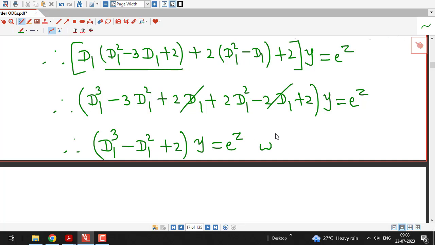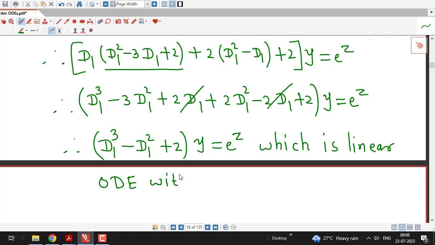And this is a differential equation with constant coefficients in y and z, which is a linear ordinary differential equation with constant coefficients in y and the new independent variable z.